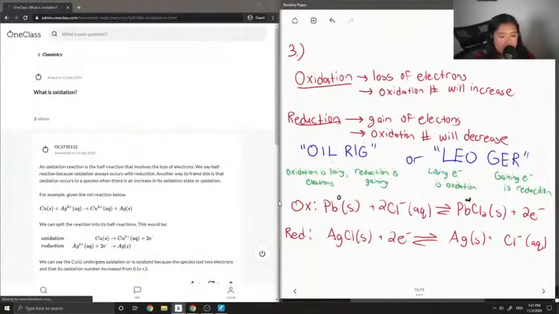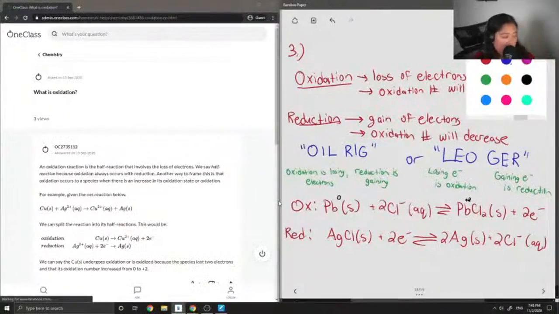So let's look at the oxidation numbers after I balance. We can look at the oxidation number of the silver. Let me just balance this.